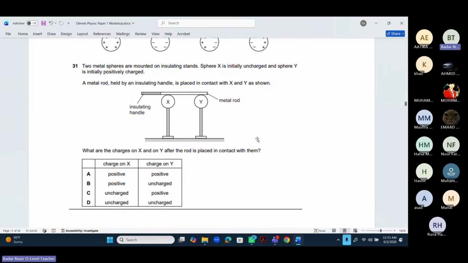Two metal spheres are mounted on insulating stands. Sphere X is initially uncharged and sphere Y is initially positively charged. A metal rod held by an insulating handle is placed in contact with X and Y as shown.